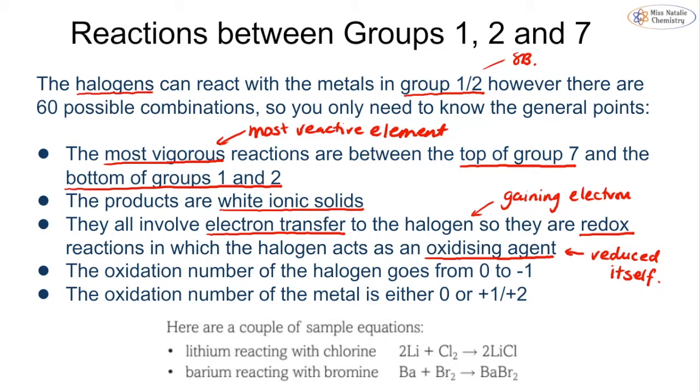So you can see that we have an example of lithium reacting with chlorine to make lithium chloride. So my oxidation number of the lithium in this case is going to be +1, and of the chlorine is going to be -1. And when we react barium with bromine, the oxidation number of the barium is going to be +2, and the bromine is going to be -1.